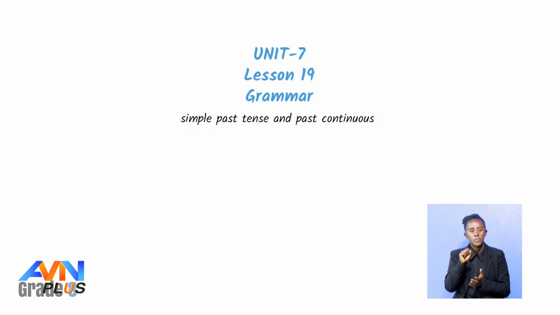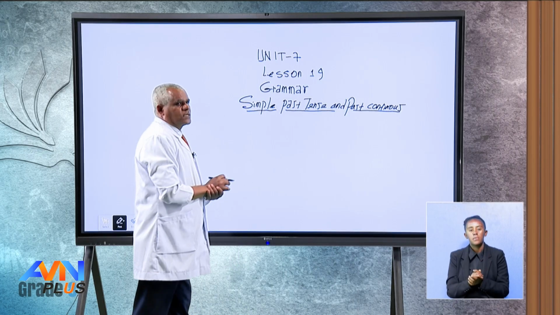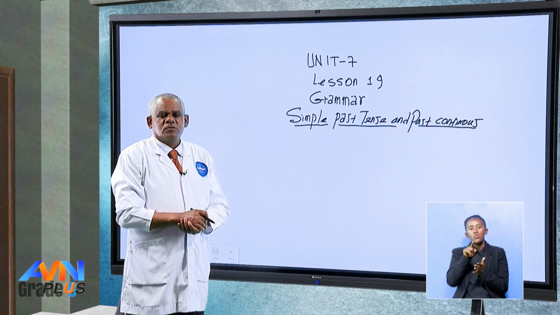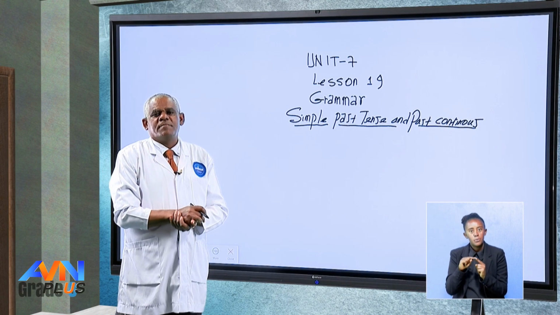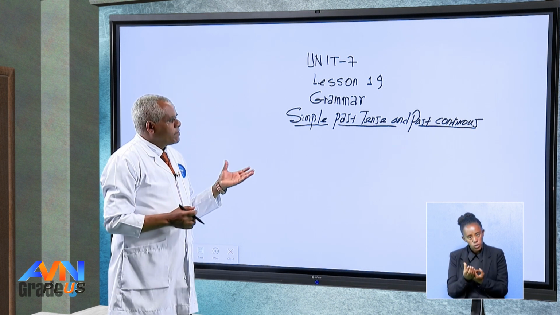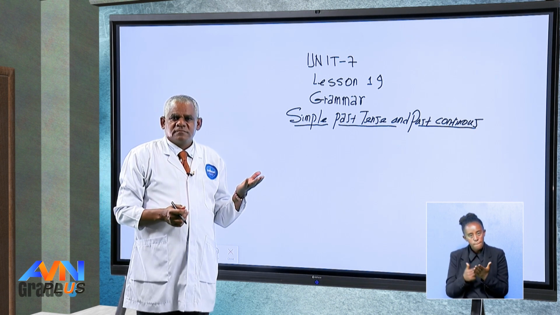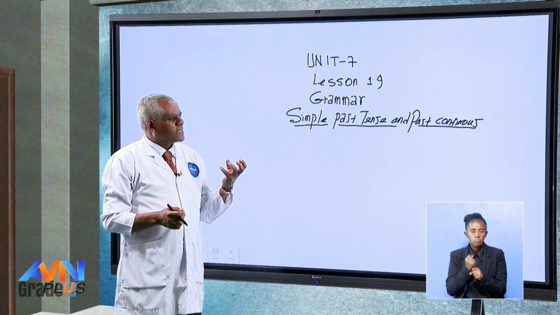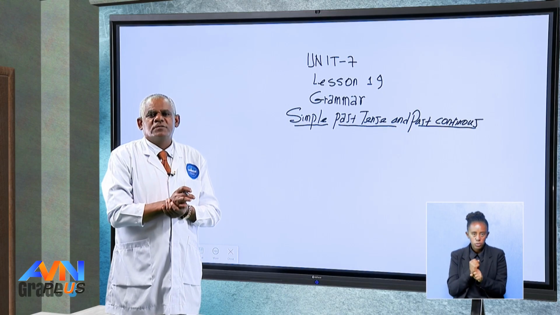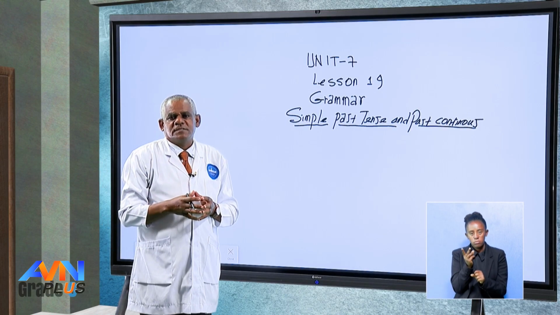The main objective of this lesson is that you are able to use simple past and past continuous tense in different contexts. If you want to talk about a past action, both simple past and past continuous tense are about past actions, but they are used in different contexts.